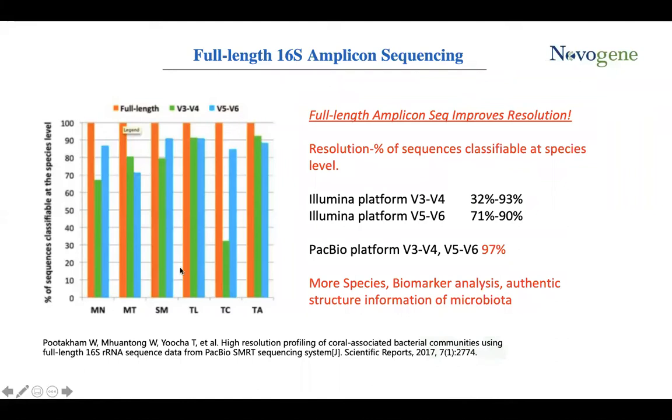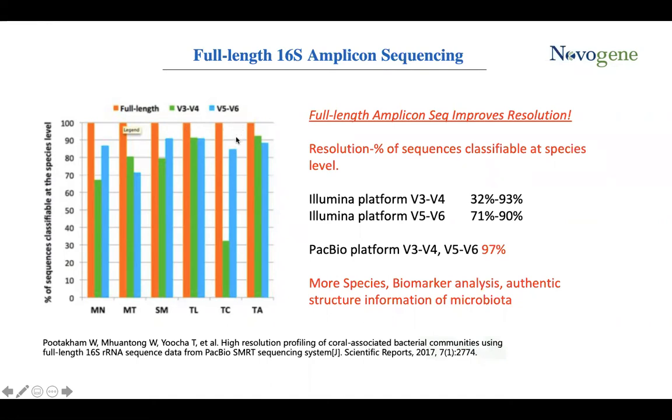It is obvious that the percentage varies from 32% to 93% on Illumina platforms, depending on the hypervariable regions, while PacBio, shown in the orange bars here, excels at almost 100% in each sample tested.